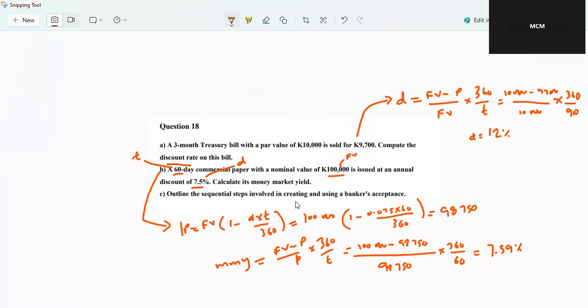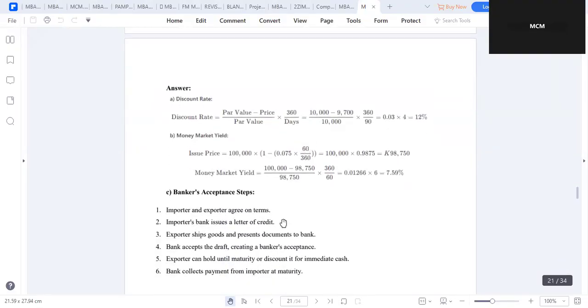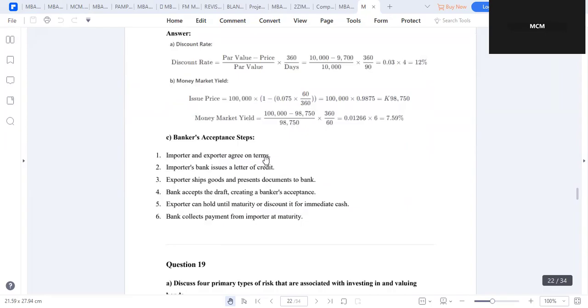Outline the steps involved in creating a banker's acceptance. Those with the pamphlet, you can check on page 21. So step 1 is the importer and exporter agree on the terms.